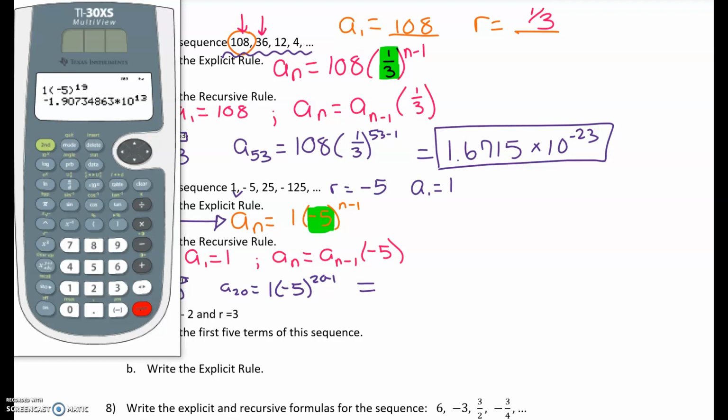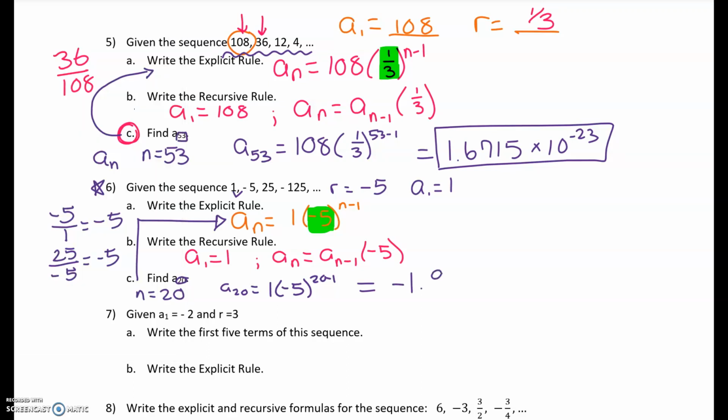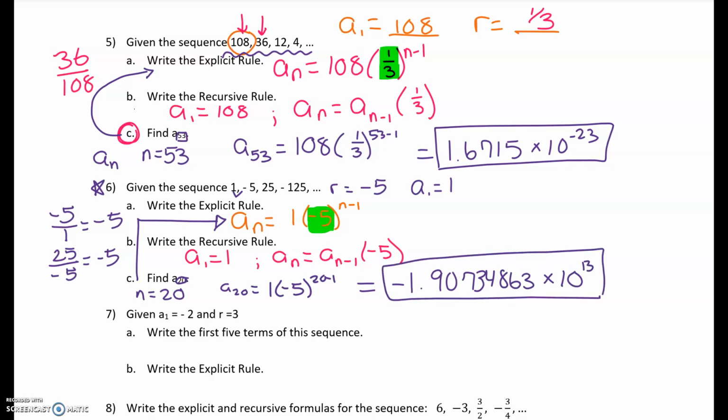The positive exponent on this 10 here is saying that I'm moving the decimal place 13 times to the right, which tells me it's going to be very large. But for this, we can just write this out. So we'll write -1.907348863 times 10 to the 13th power. And we can leave it like that.